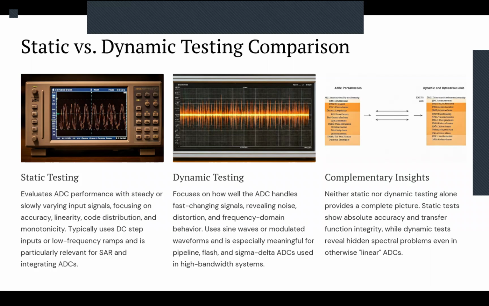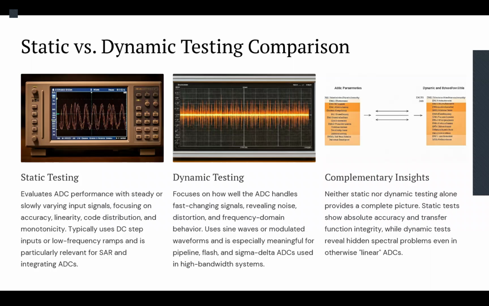Static testing reveals missing codes, offset drift or gain error, while dynamic testing detects harmonic distortion or jitter effects. So static and dynamic testing are not interchangeable. They serve different purposes, and together they provide a holistic view of the ADC's behavior.